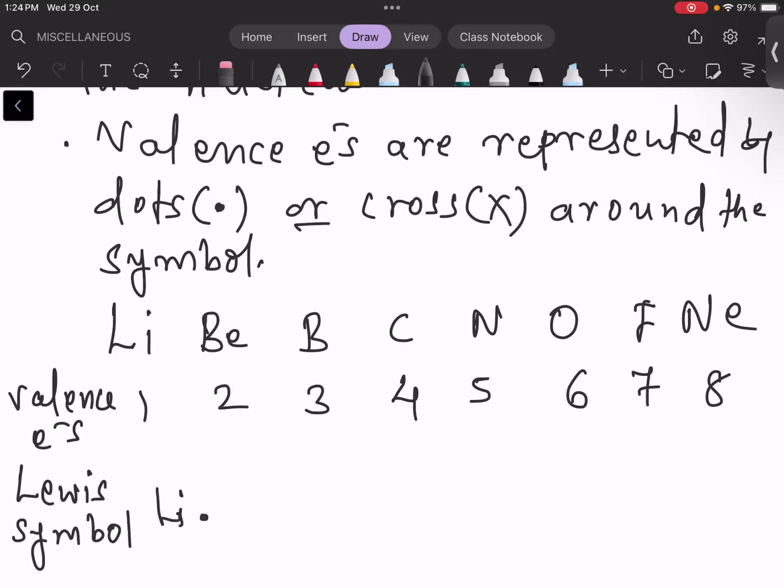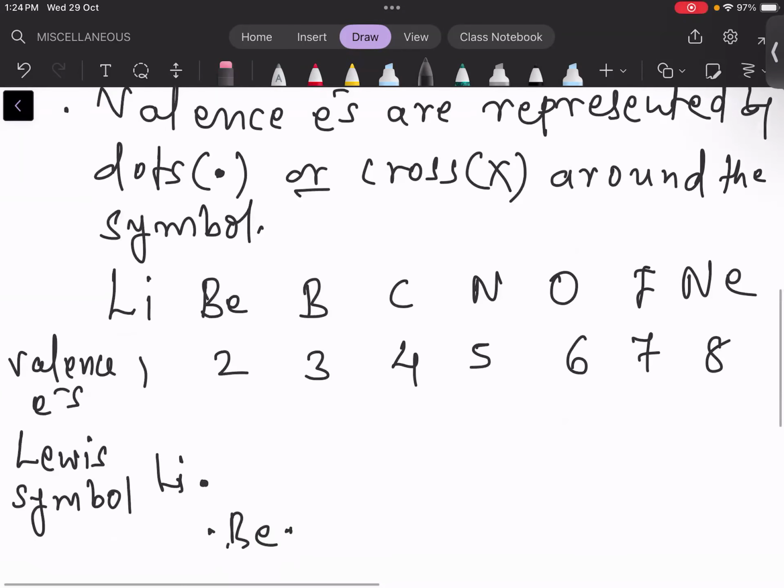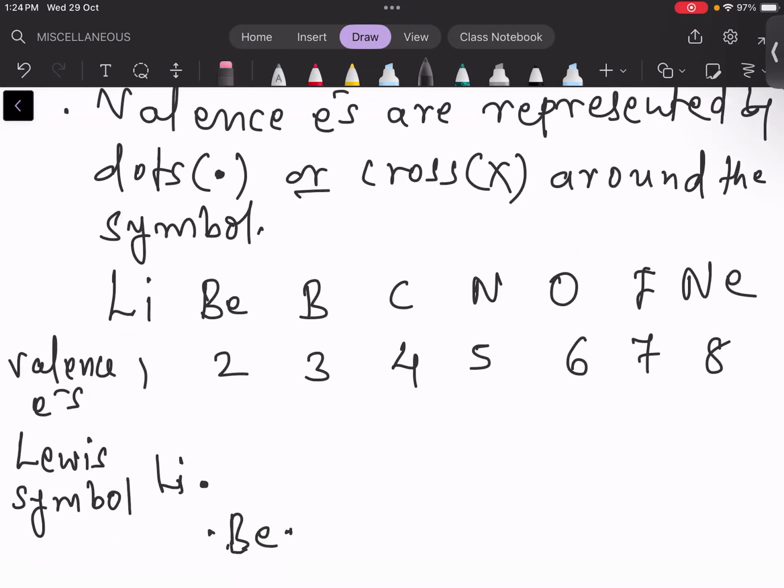Lithium single dot. Okay. Beryllium 2 dots.